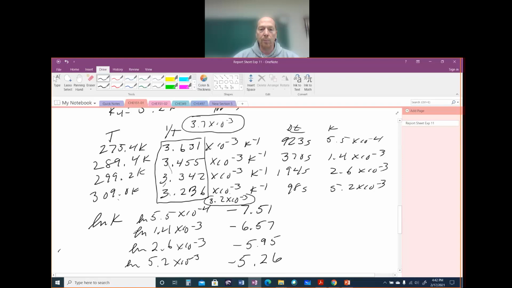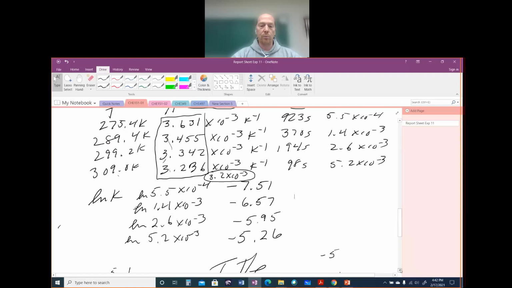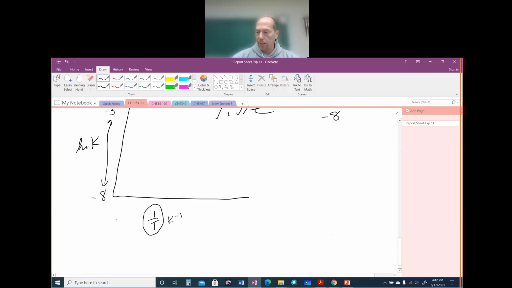So my two numbers, the highest number 3.7 and the lowest number 3.2, fit my 4 data points on the graph. I'm going to start with the smaller number, 3.2 to 3.7. So down here I'm going to have my number 3.2, and here 3.7.